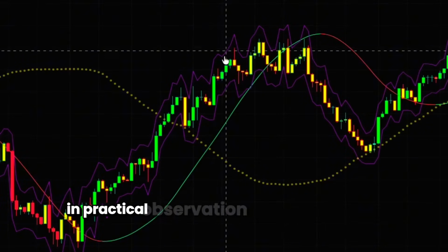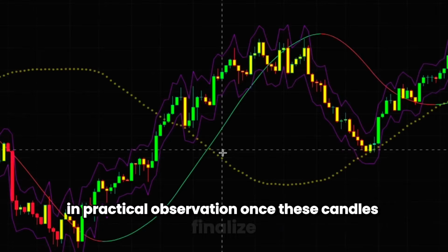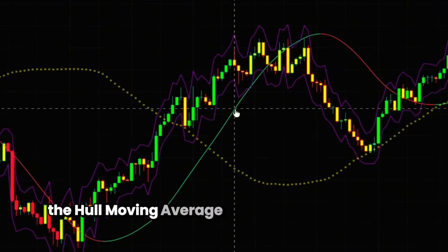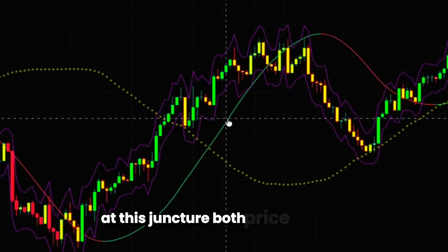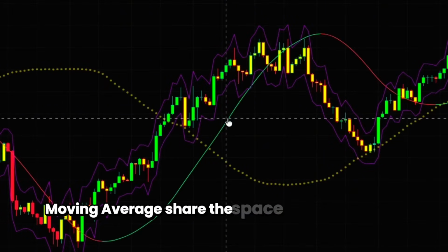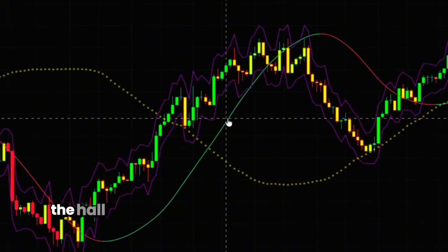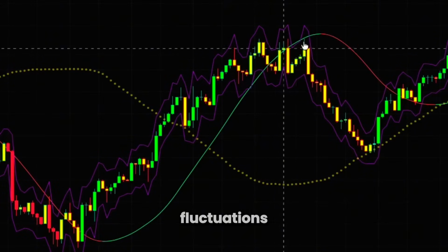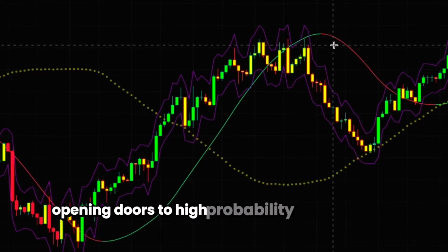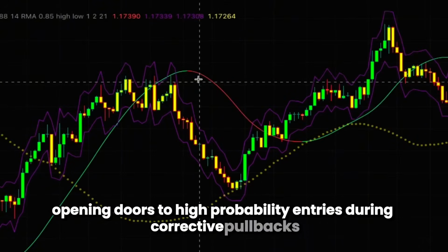In practical observation, once these candles finalize, the Hull Moving Average resides firmly above the yellow. At this juncture, both price and Hull Moving Average share the space above the yellow line. The Hull Moving Average now becomes your tool for detecting momentum fluctuations, opening doors to high-probability entries during corrective pullbacks.